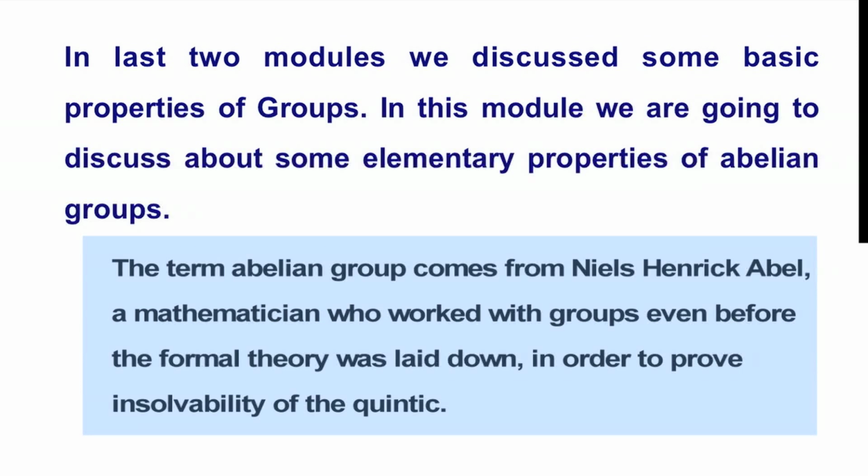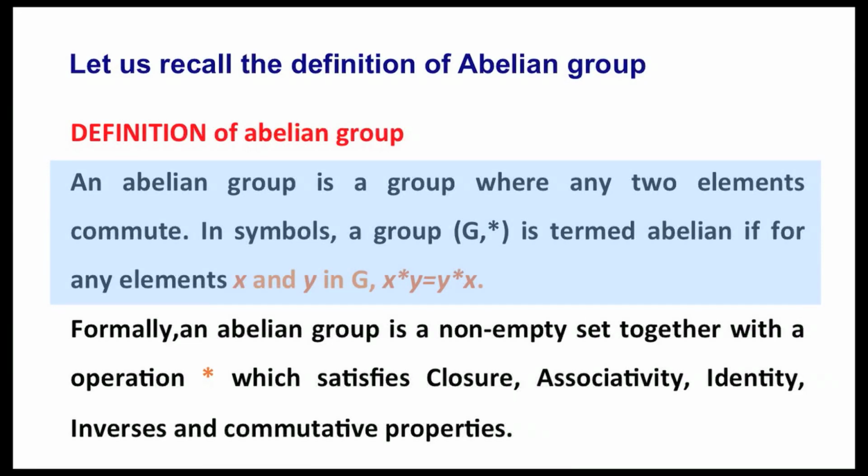theory was laid down. In order to prove insolvability of the quintic, let us recall the definition of an Abelian group. An Abelian group is a group in which two elements commute.